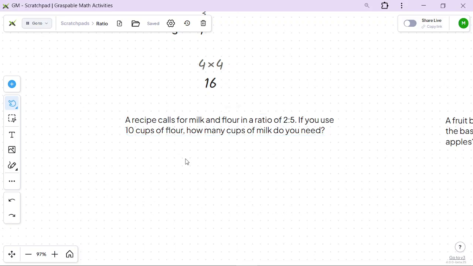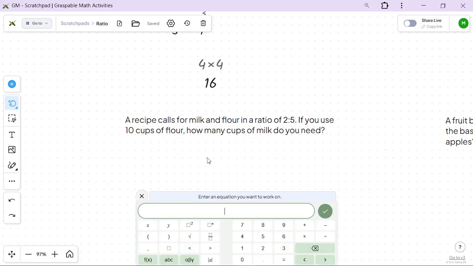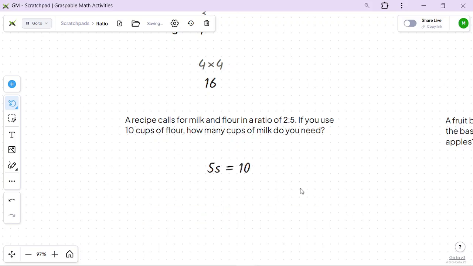And sometimes it's just very simple. What I usually tell my students to do is put an S here. S means scale. Okay, so 2 scaled, 5 scaled is the actual value. So 5 scaled gives us 10. If 5 scaled gives us 10, then the scaling number should be what? 2.